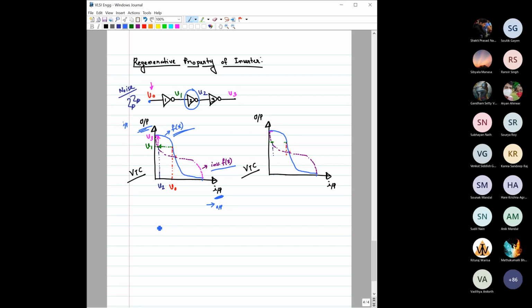No, we are not changing them. So for the second one, the input is not V0, not the initial input? No, for the second one, the input is V1, which is the output of the first one. Okay, understood.